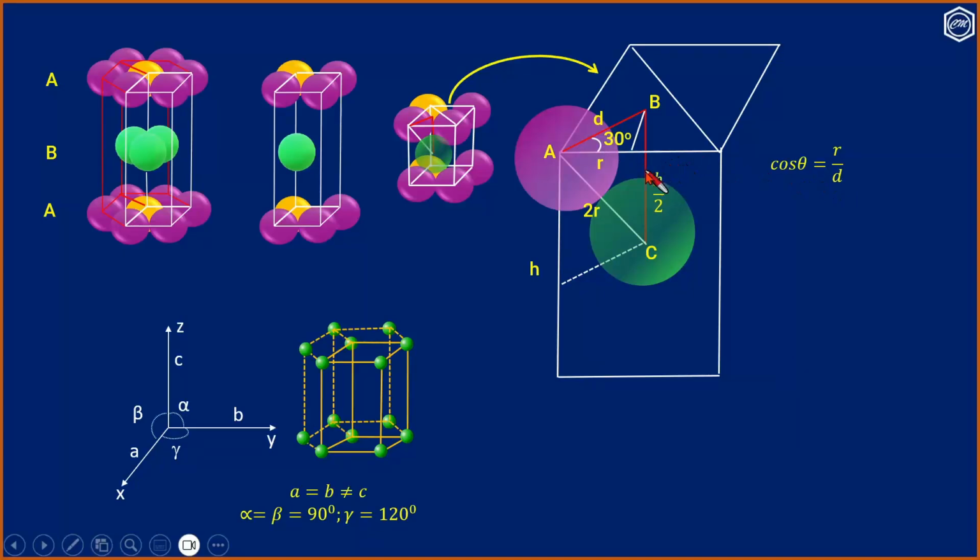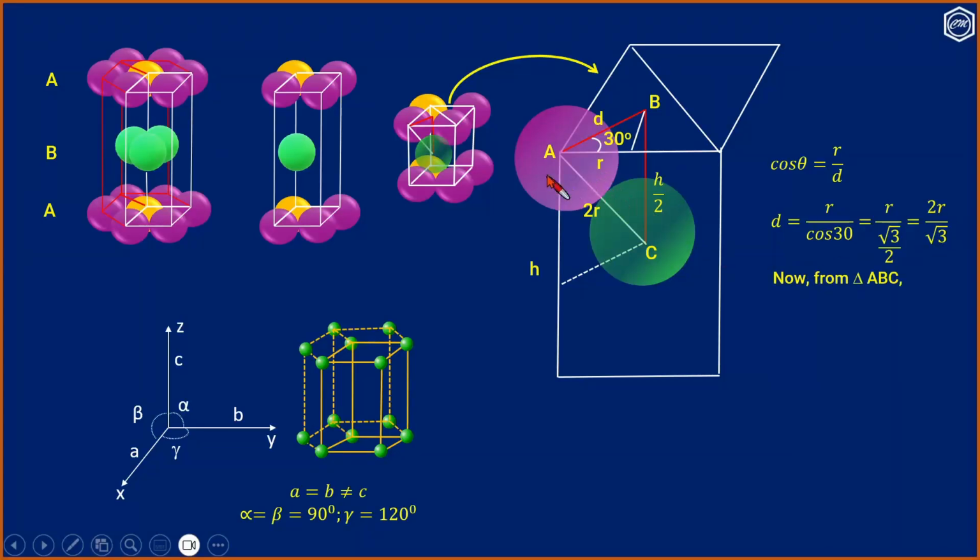Now cos theta is equal to r by d, and this distance is the radius of this sphere up to this point. Actually it matches with this line. So cos theta is equal to r by d, so d is equal to r by cos theta, that is 2r by root 3.